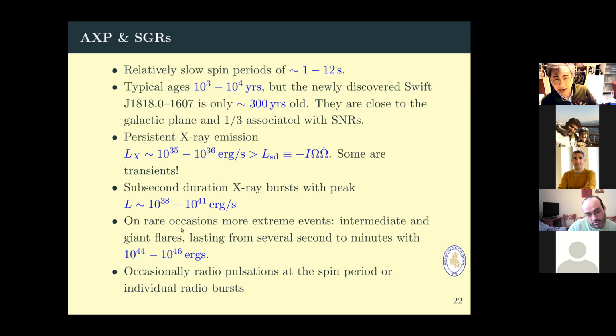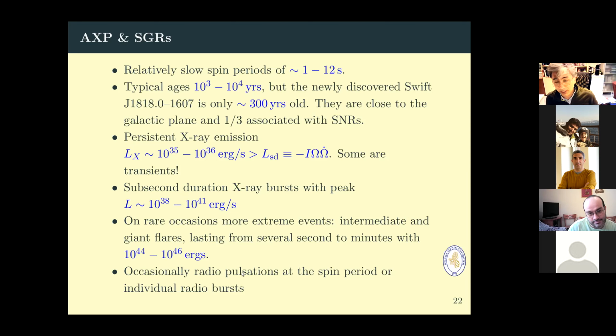And on rare occasions, there are more extreme events, which we call the giant flares, right? And there are intermediate flares also. So they release energies like 10^44 or 10^46 ergs.